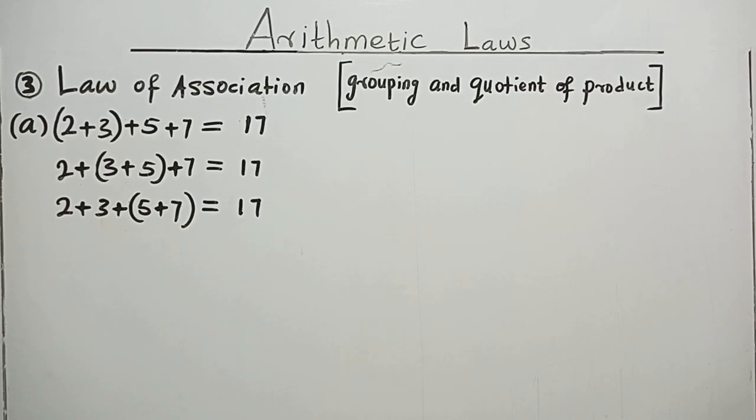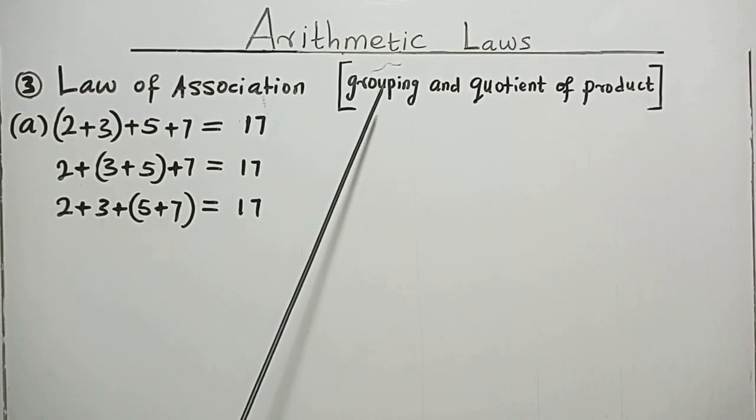The same thing was done in the case of multiplication of numbers. But here we are seeing that whether the numbers associated are in the beginning, in the middle, or the end, whether it is multiplication or addition, the result is always constant, irrespective of the manner of association.